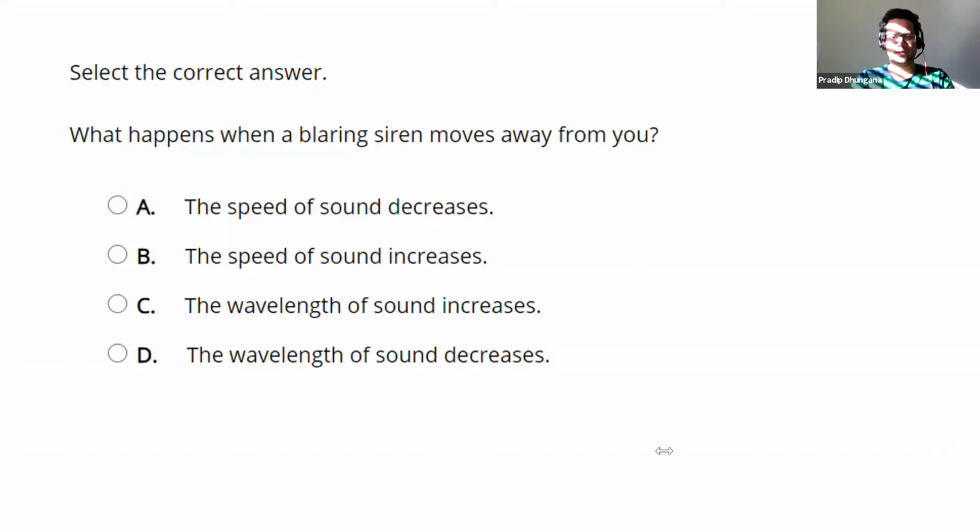Let me end the polling and then answer this question. This question is a little bit tricky. When the siren moves away from you, frequency decreases. Think in that way at first.